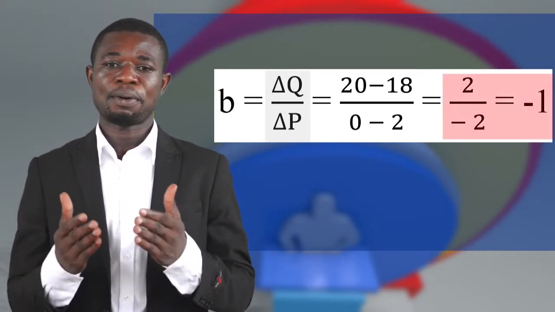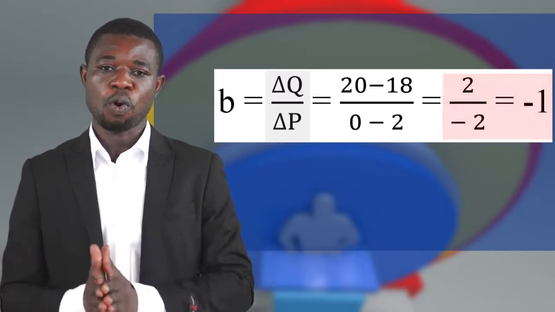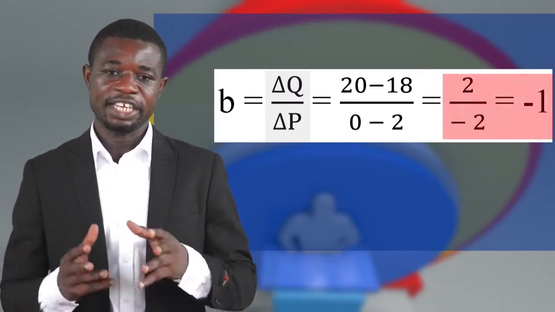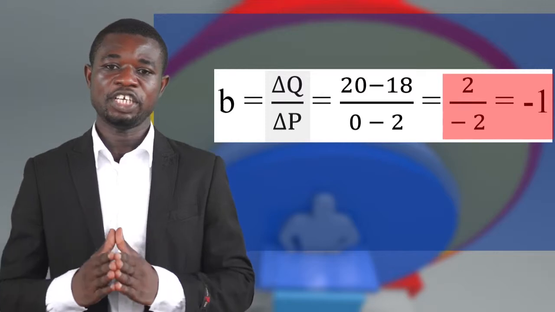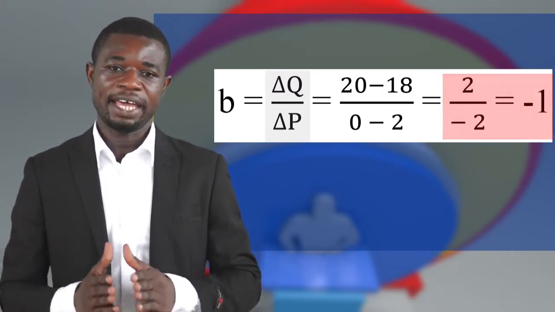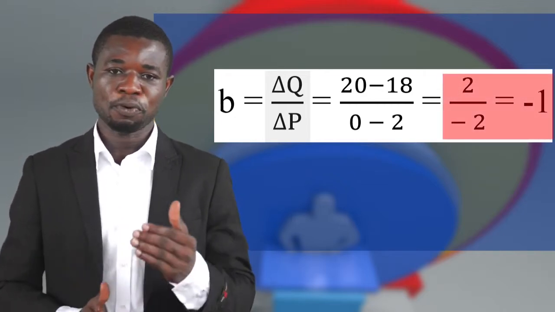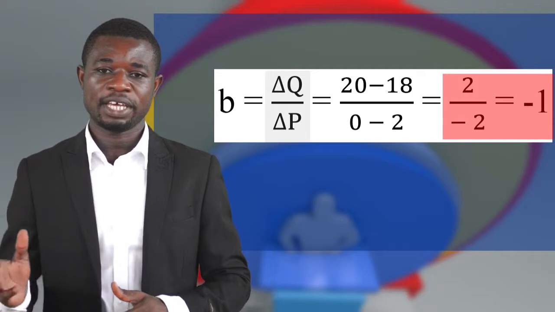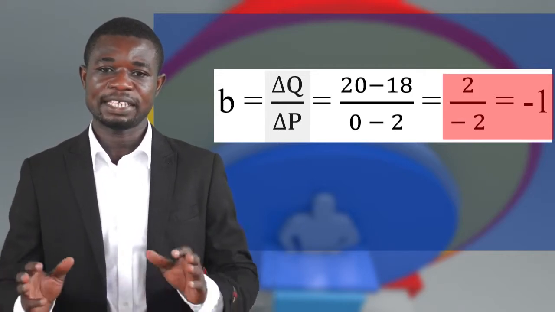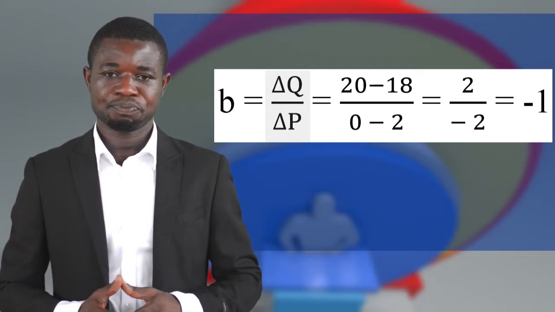Therefore, our B has a value of -1. The change in Q gave us +2, and the change in P gave us -2. So +2 over -2 gave us -1. That is the value for our B.